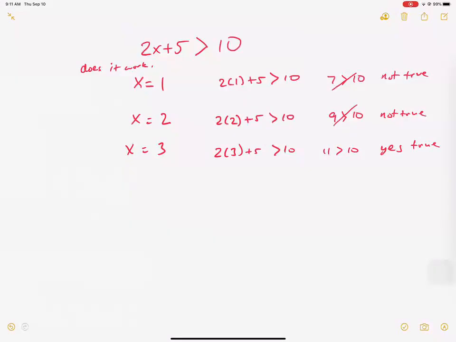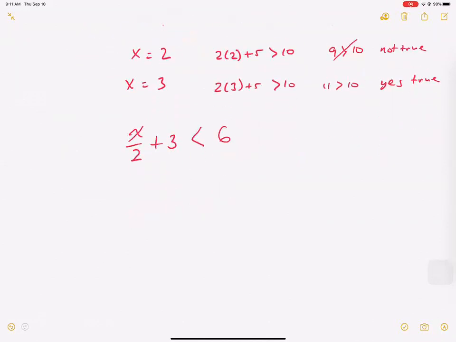Let's do a version of this with a fraction. If I write x over 2 plus 3, is this less than, let's do 6. So let's start off with numbers like 10. X is 10, then x is 6, and then x is 4.